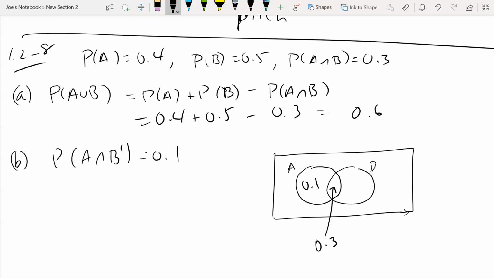Why is it not concerned about everything outside of it? It is included in not B. It's just that it's an intersection. Because not B would be everything outside B and this part. So we want the part that is just in A. So that's just that piece.